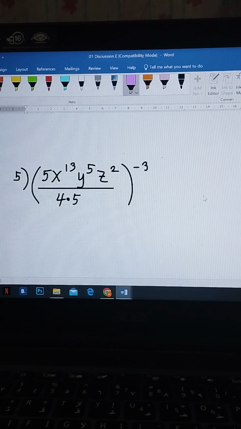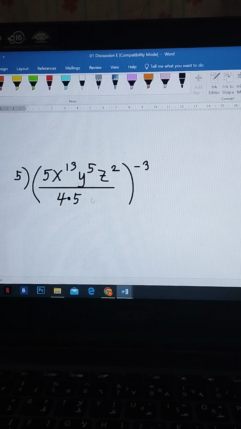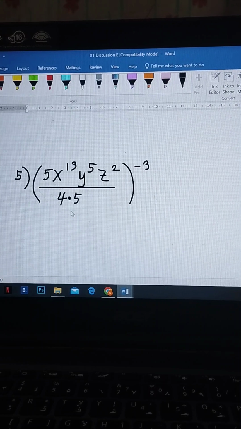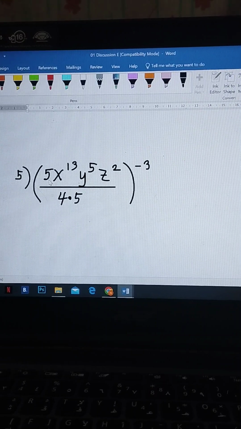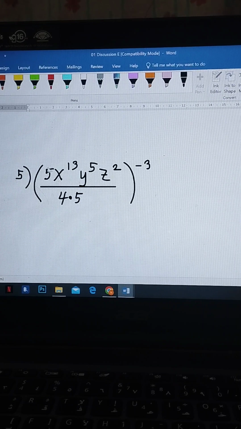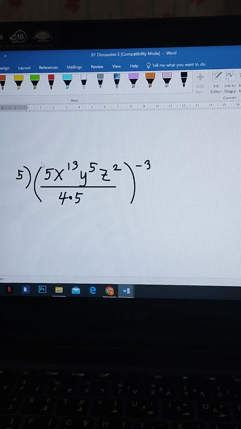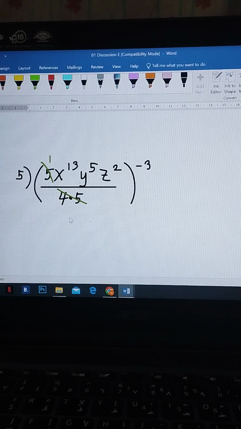Okay, so number 5. So this is 4.5, 4.5 and then 5. So if we cancel 5 from these two, it becomes 1. 4.5 divided by 5 is equal to 0.9.